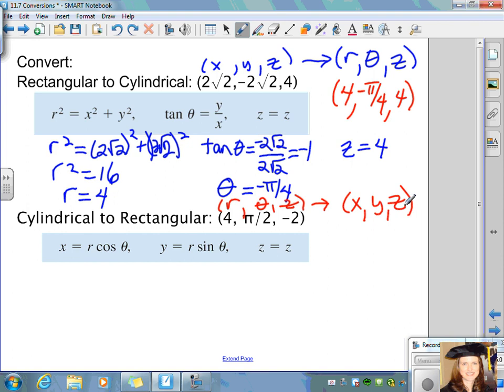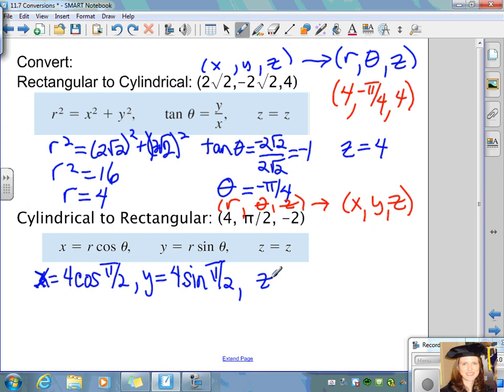And here are some of the conversion equations we can use for that. x is equal to r cosine theta, which is going to be 4 times the cosine of pi over 2. y is equal to r sine theta, so that's going to be 4 times the sine of pi over 2. And z is going to equal z, so z is going to equal negative 2.